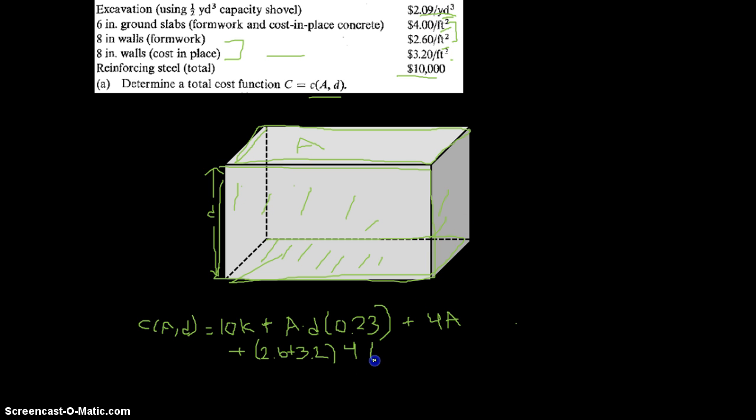So we know that the length is going to be D, or our depth. Now we need to figure out our width, and as we mentioned earlier, that's going to be the square root of A. And we have nothing else that's going to affect the cost. So this here is going to be our cost function.